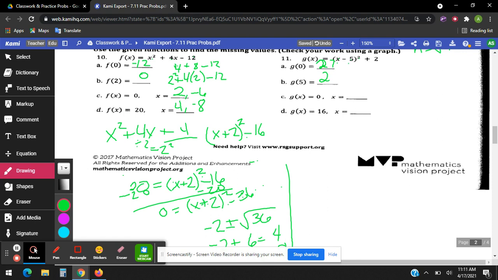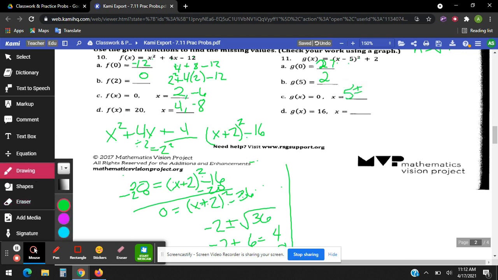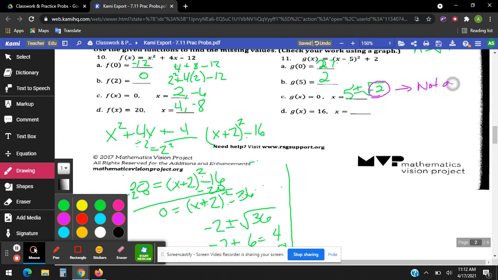So I'm going to take h, which is 5, plus or minus the square root of k, which would be a negative 2. And actually, even though I'm going to rewrite that in the spot here, because I can't simplify the square root of negative 2, because I have a negative inside my square root, this is not a real intercept.